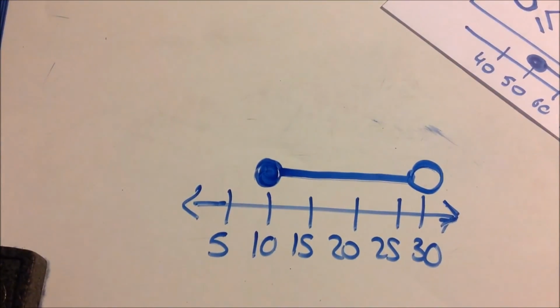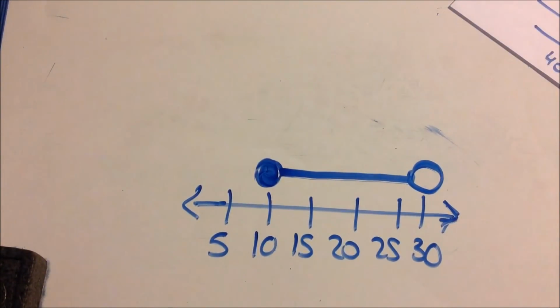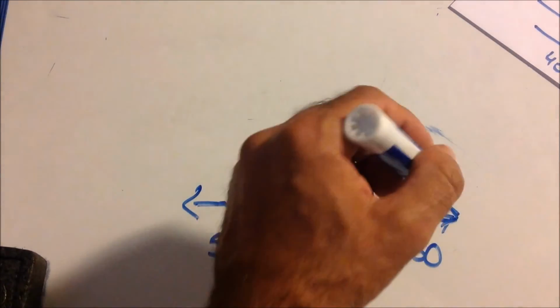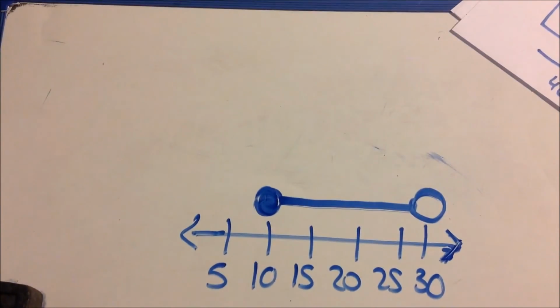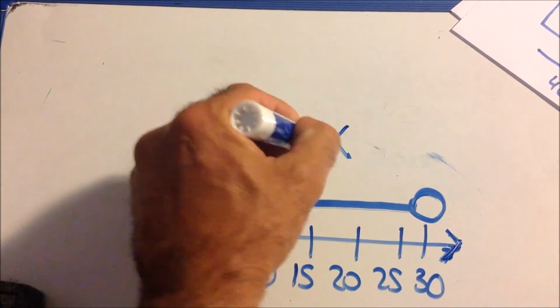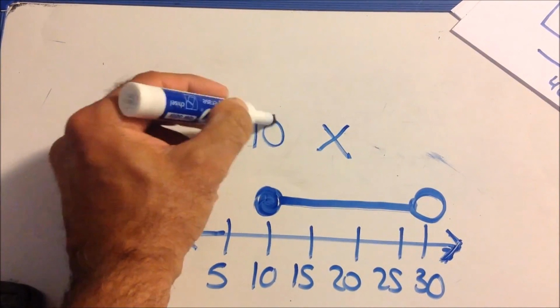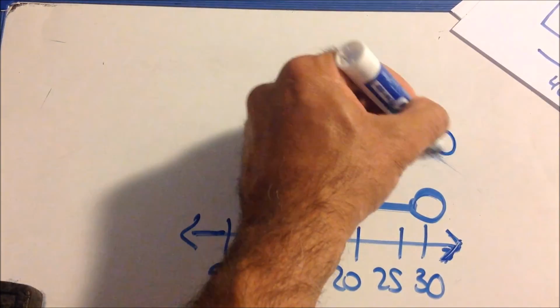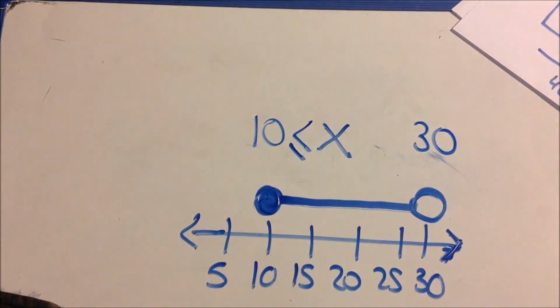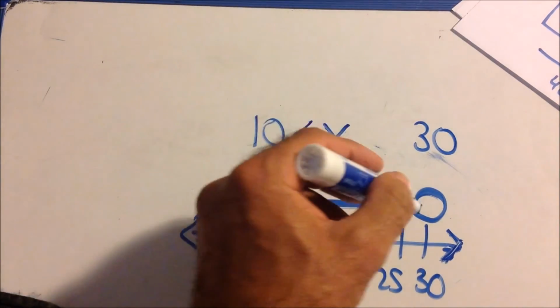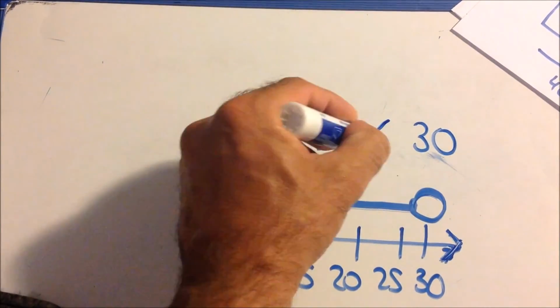How would you write that? Using an inequality symbol. Okay, well, again, we can use x. We know we're going to use 10 and we're going to use 30. We're saying that x can be 10, so it's greater or equal to 10. But it can't be 30. It has to be just less than 30.